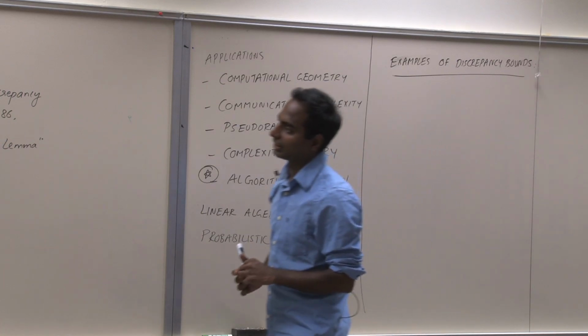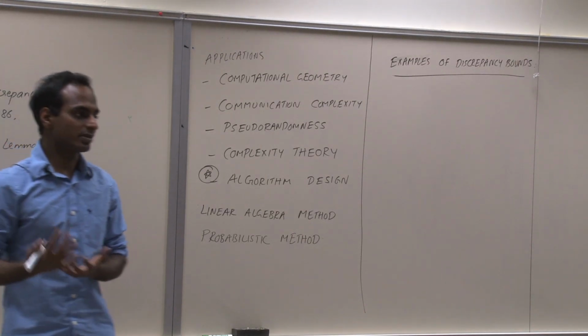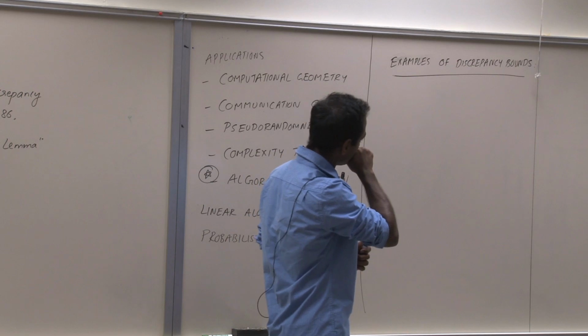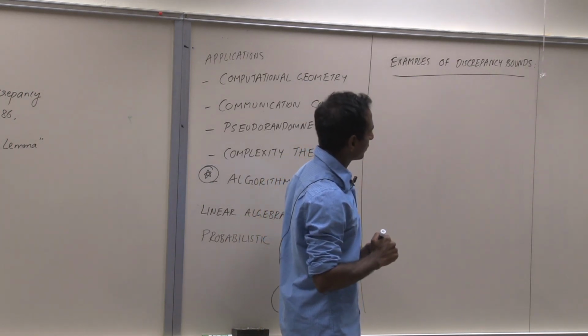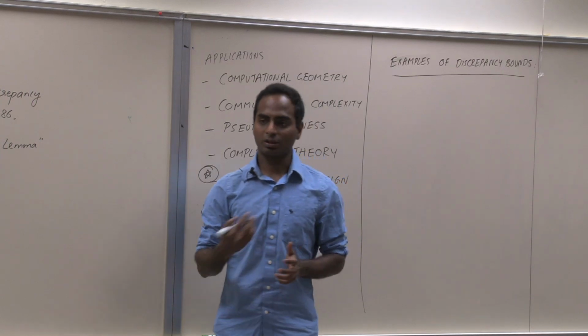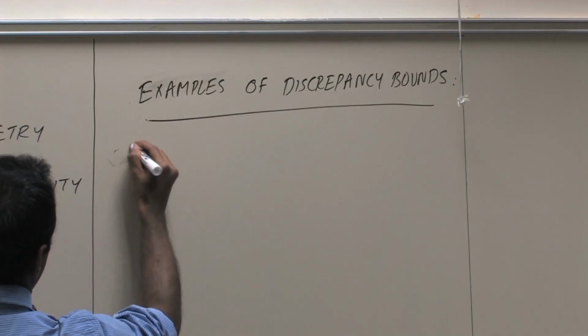Given any set system, something like this, we want to estimate its discrepancy. One of the first questions that was studied here was the set system corresponding to arithmetic progressions.